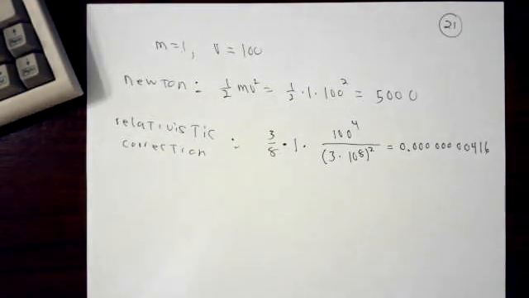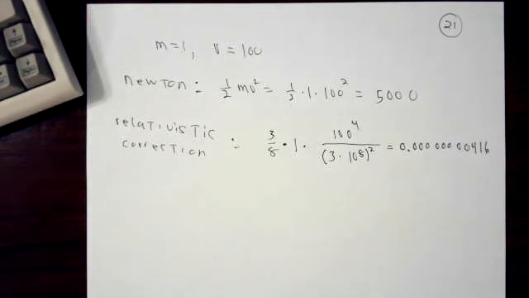To be clear on this, if the mass of the object was 1 kilogram and it was moving at 100 meters per second, then Isaac Newton says the kinetic energy should be 5,000 joules. How different is this from the relativity answer? The speed of light is 3 times 10 to the 8 meters per second.